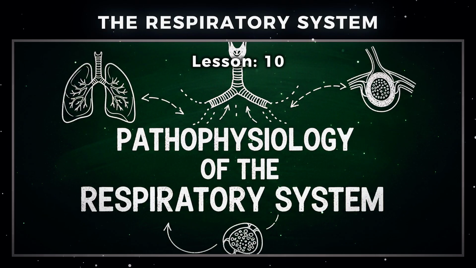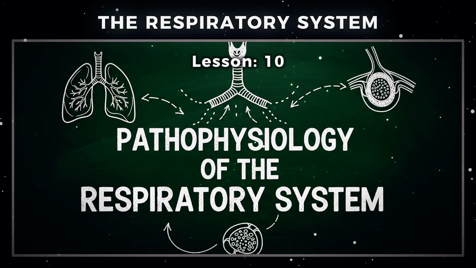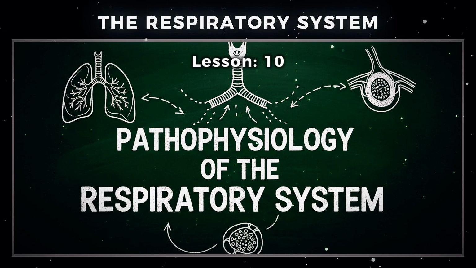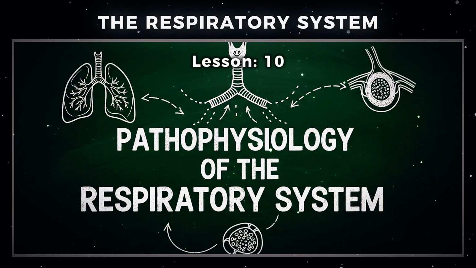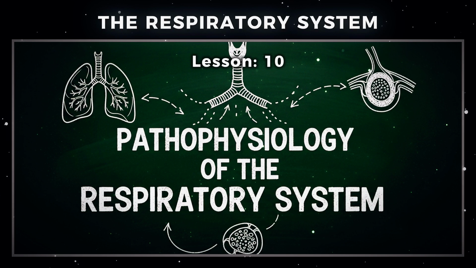If a person could breathe out a lot of air, but did it very slowly, he knew it was an obstructive problem. If they breathed out very quickly, but had very little air to give, he knew it was a restrictive problem. This simple test, the pulmonary function test, remains the gold standard for respiratory medicine today.